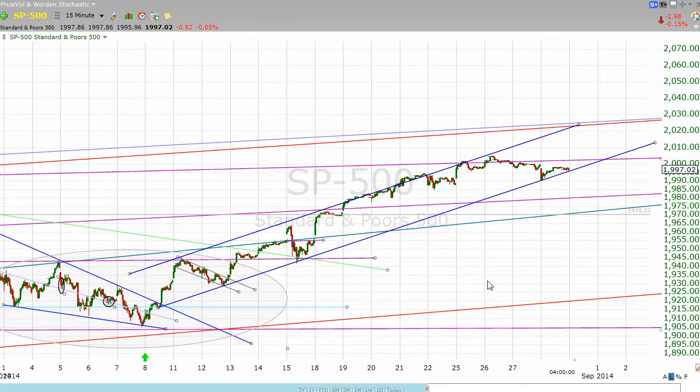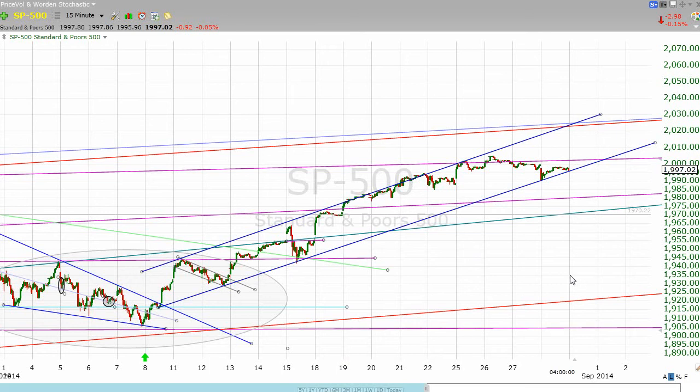So let's do that. That also matches a little better in parallel with the top line that we've been looking at for a while. So if we line that up against those tops, very, very close to being parallel.